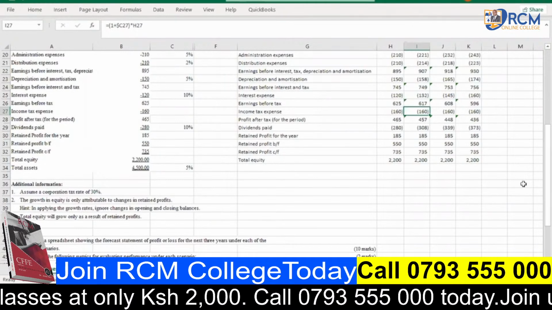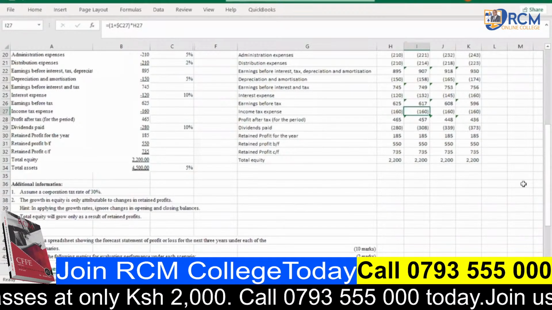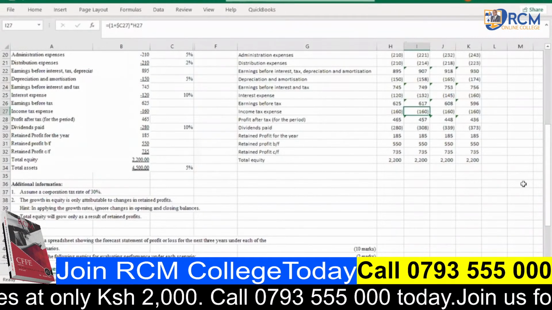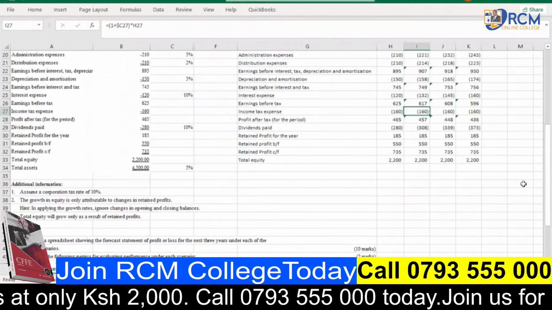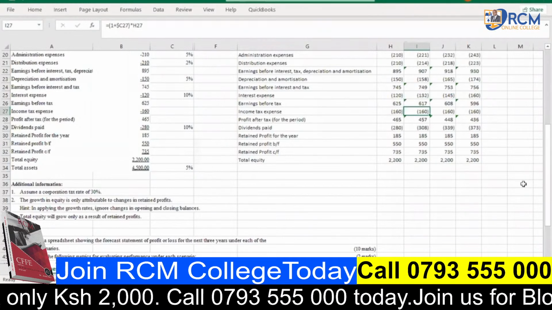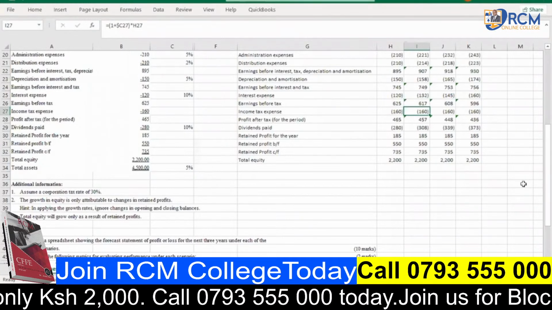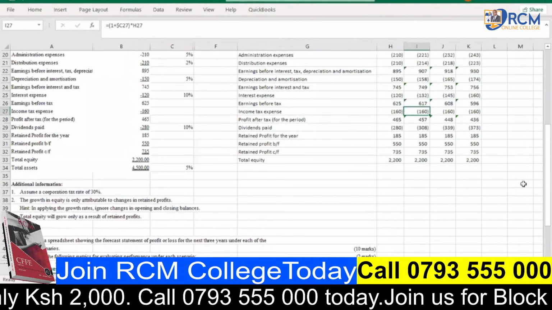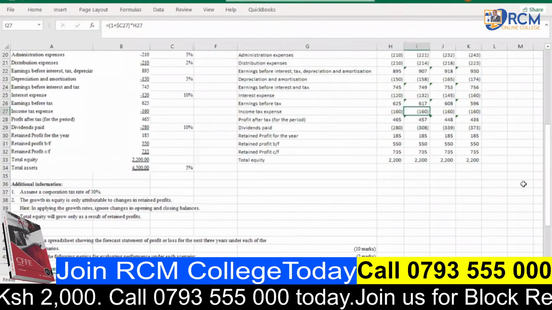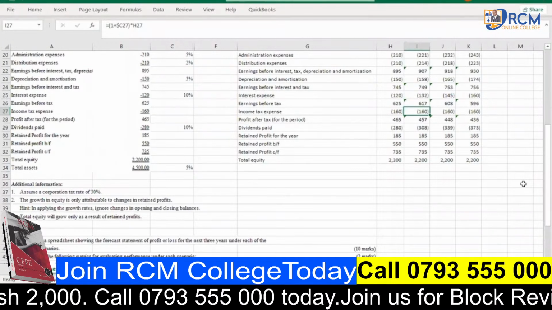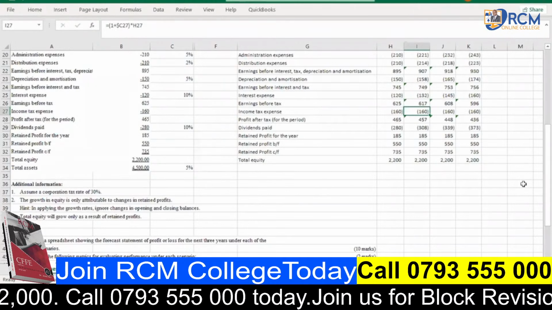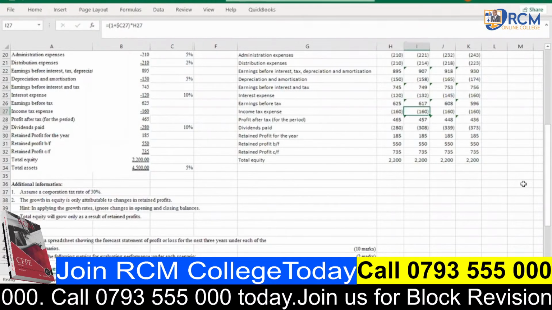Then we add profit for the year. Why do we add profit for the year? Why are we adding back profit for the year? Okay, it is 30% of 617. Earnings before tax, add depreciation, then tax.